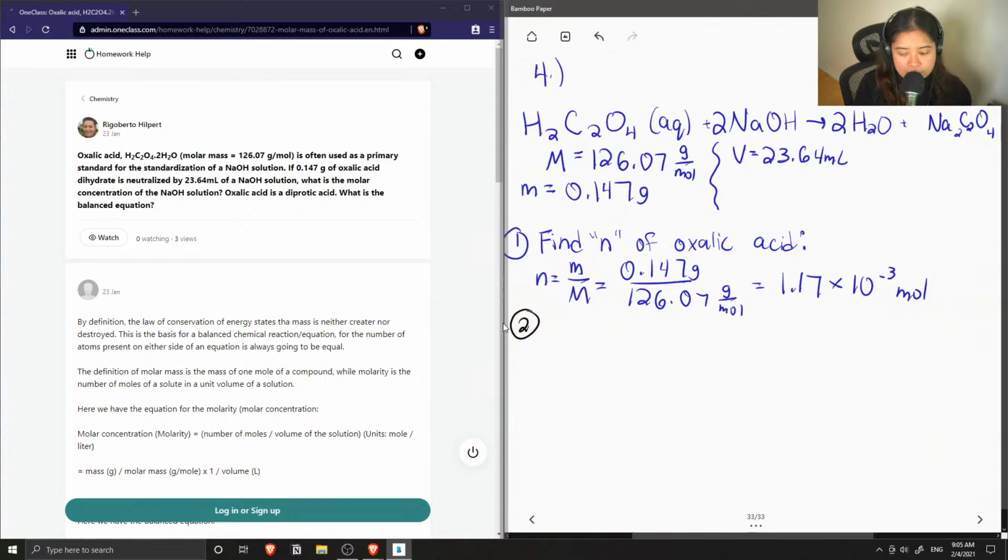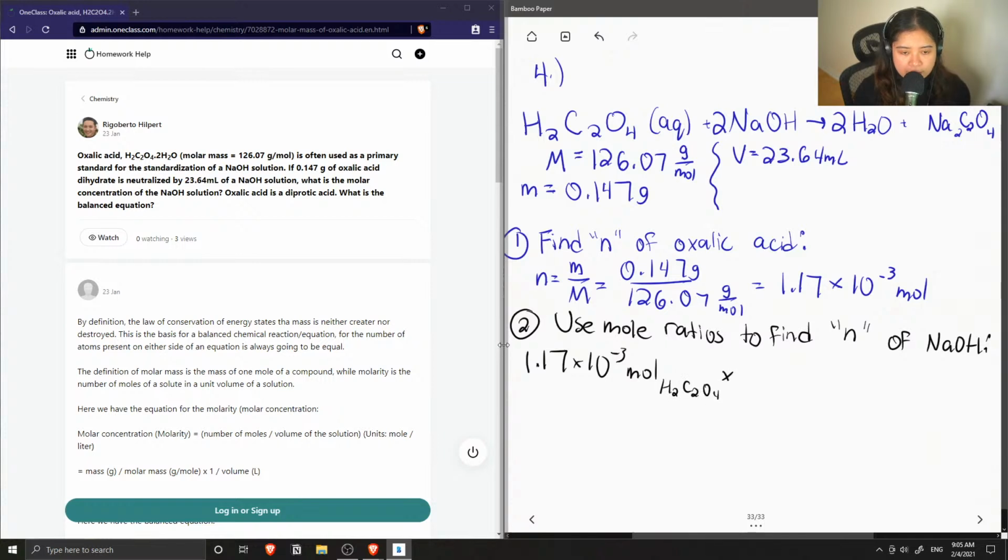Okay, so step 2 is to use mole ratios to find the number of moles of sodium hydroxide. So we know that we have 1.17 times 10 to the negative 3 moles of oxalic acid.